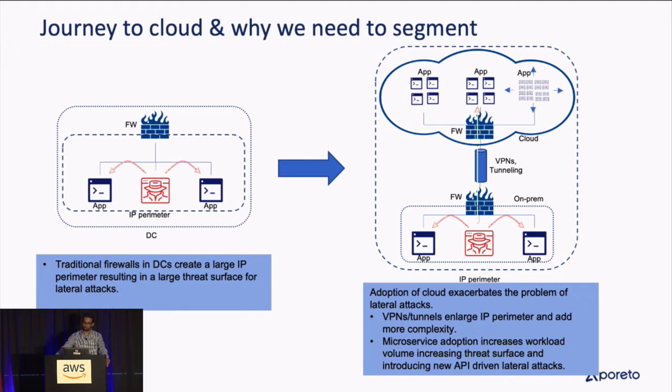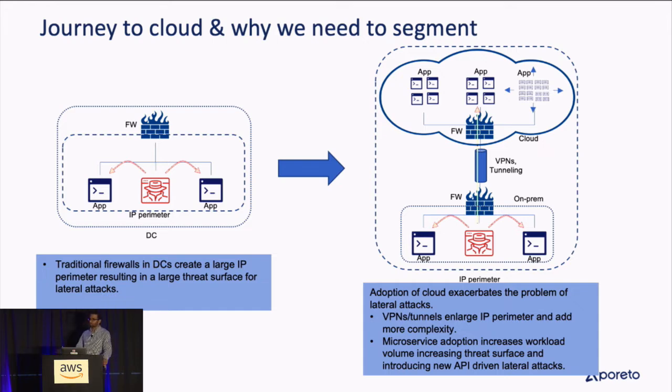Now, when you try to move to cloud, what we typically see customers do is build VPN tunnels, an overlay to extend the data center into their cloud. So they think of cloud as an extension of the data center. This only exacerbates the problem, because essentially you're just making your IP perimeter much larger.